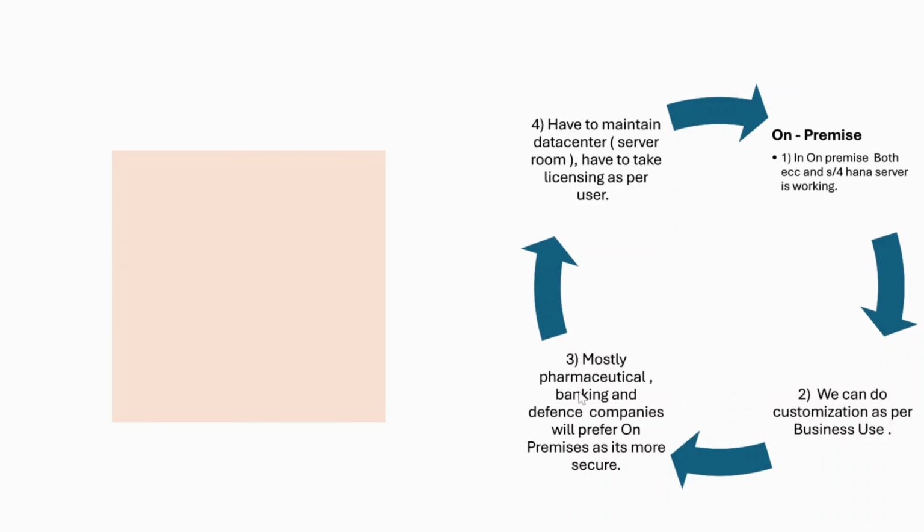It's not that on premises will disappear; on premises will never disappear. Pharmaceutical, banking or defense companies will prefer on premises as it's more secure, because all data and security belong to the client only, so they have full control of that.